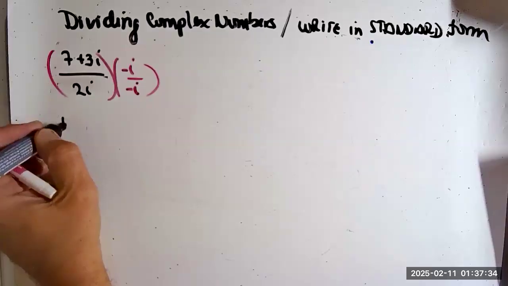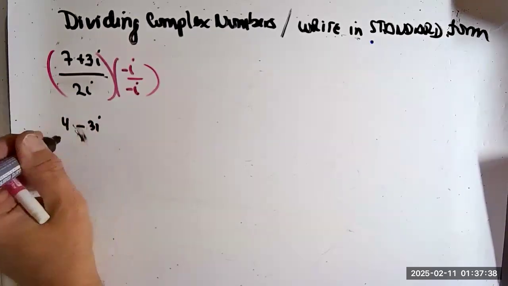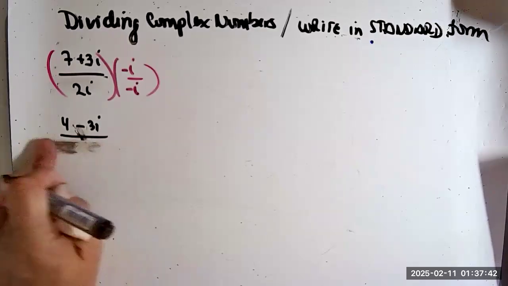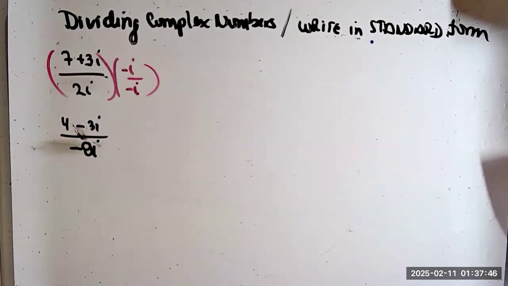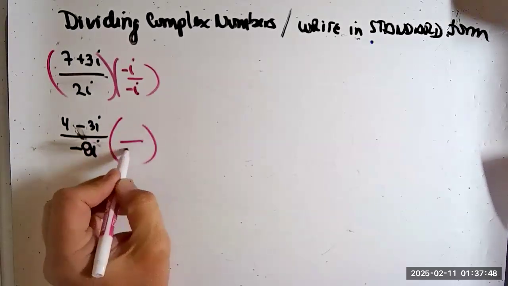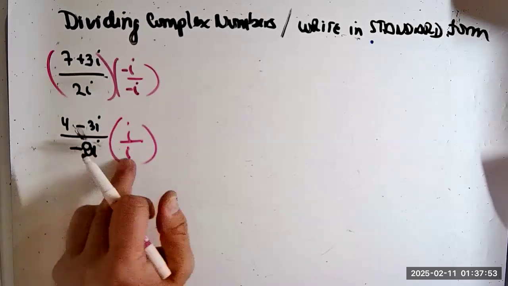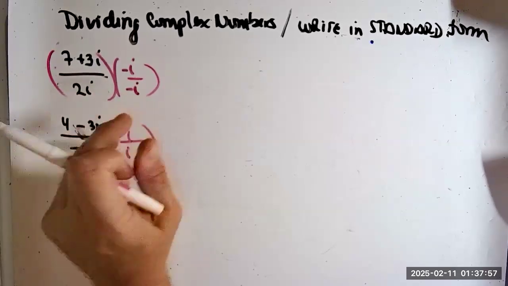If the denominator is negative, you multiply by the positive i. If the denominator is positive, you multiply by minus i.